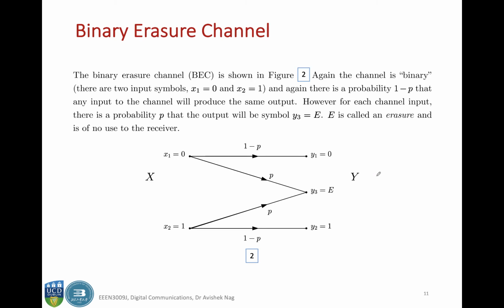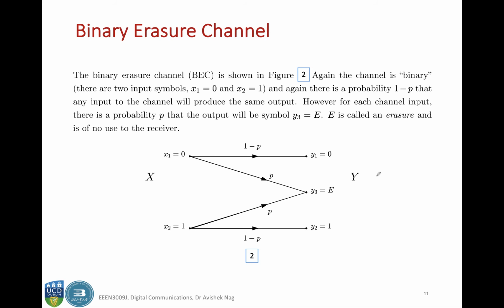Now we can also have a binary eraser channel. In this case you have the same 2 inputs and 2 outputs, but there is also a third case where you end up having an output symbol which is equal to E, and E is called an eraser. So you are transmitting x1 and x2, which are equal to 0 and 1 respectively, and you can get the same values in the output with probability 1 minus p.